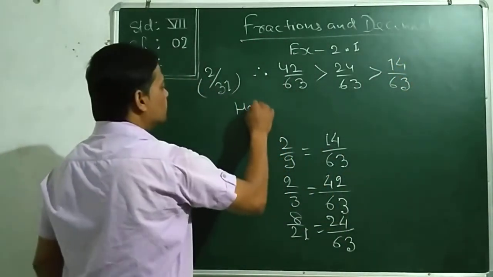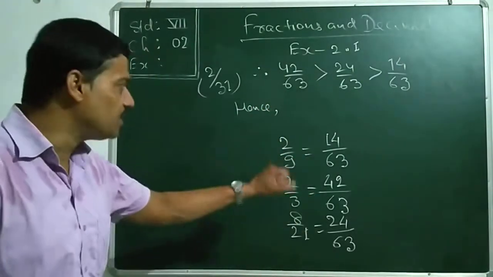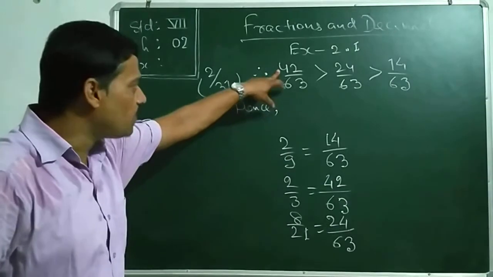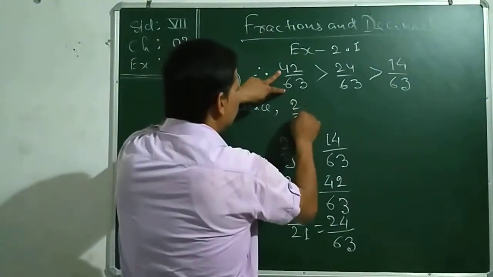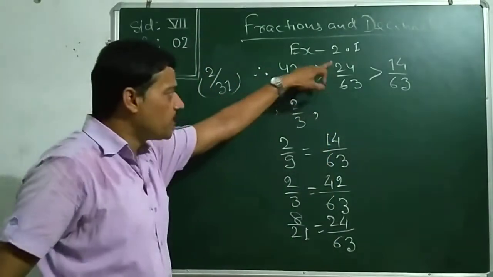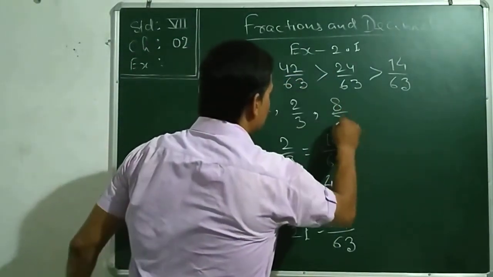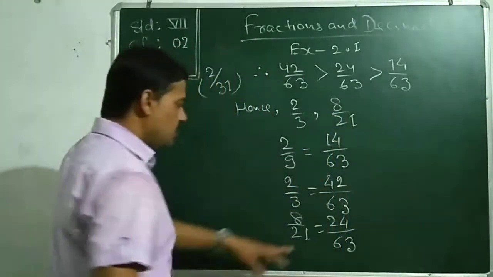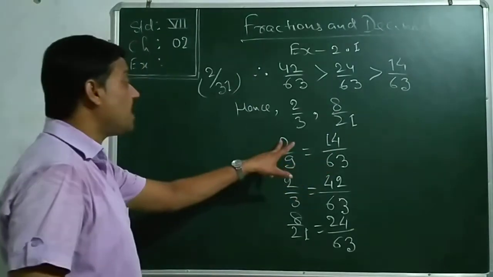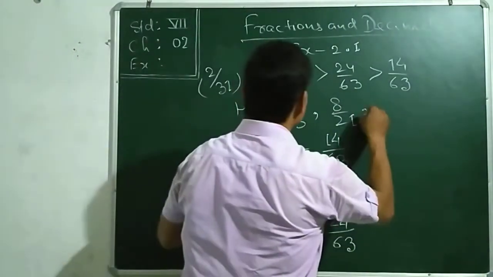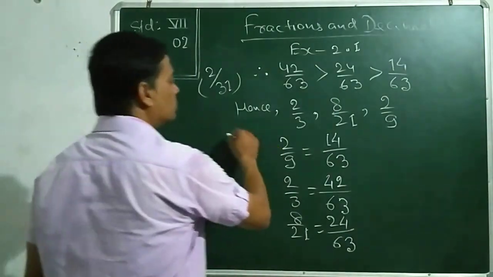Hence, if you need to write the numbers in descending order, then 42 by 63 appeared here for 2 by 3, 24 by 63 appeared here for 8 by 21, and 14 by 63 appeared here for 2 by 9. So you got your answer here.